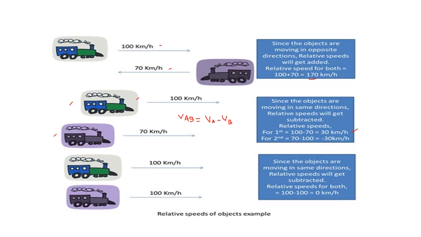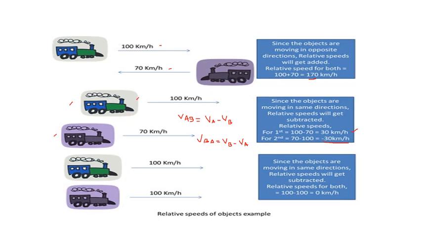And look at the second thing. Relative velocity of object B with respect to object A. What is the formula? VB minus VA. So substitute your values. VB is 70, VA is 100. So minus 30 km per hour. This is your second relative velocity.